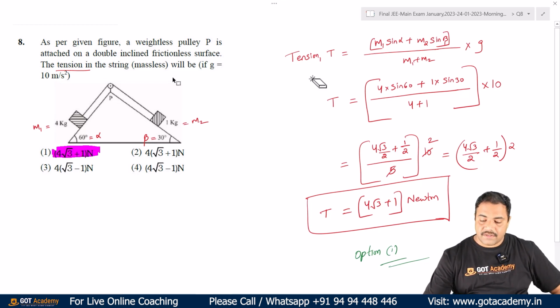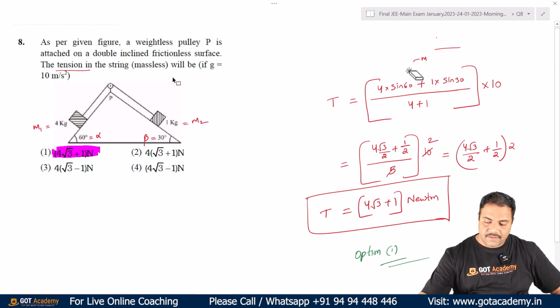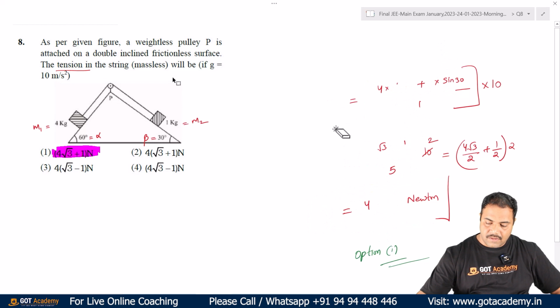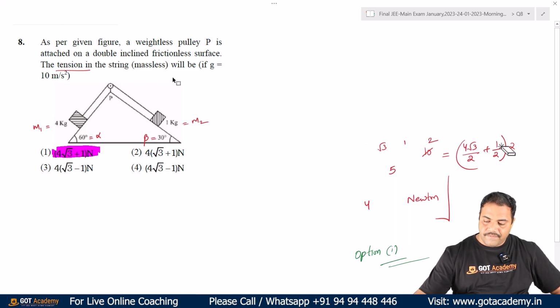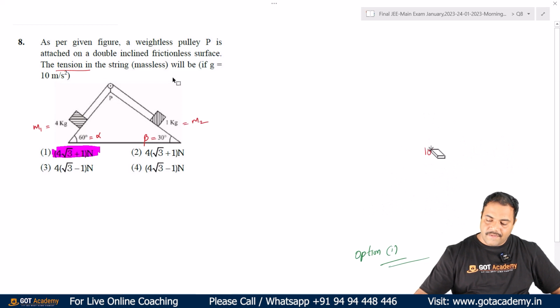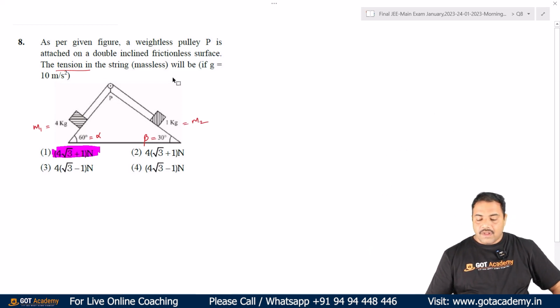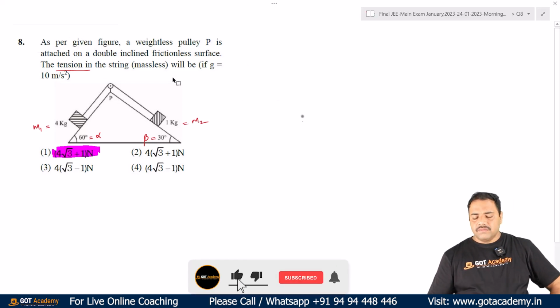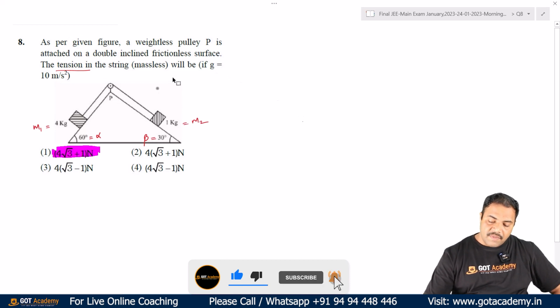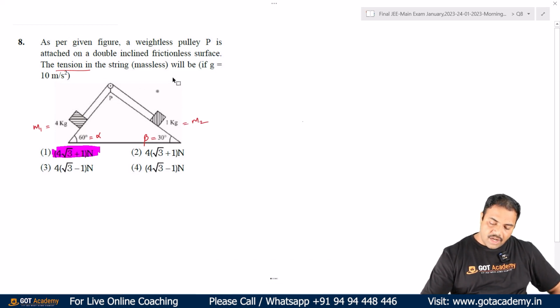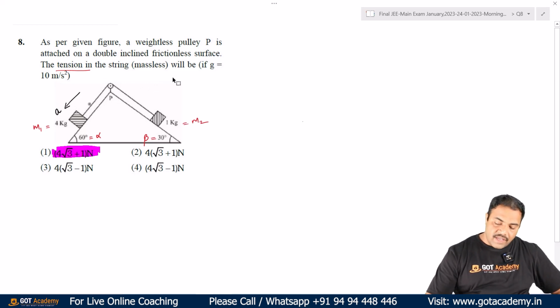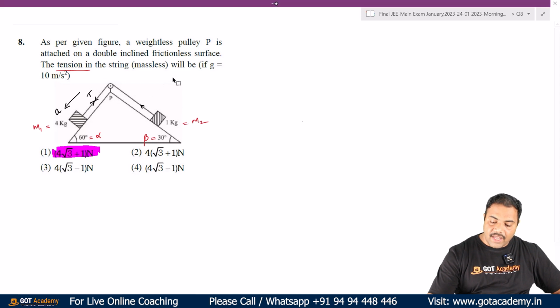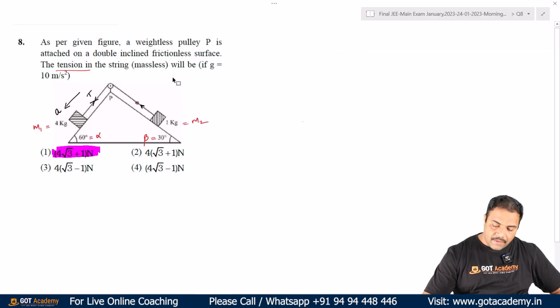So let me erase this first. Let me assume that the body is coming down in this direction with an acceleration A. Here the forces acting on it are tension T. There are two directions.